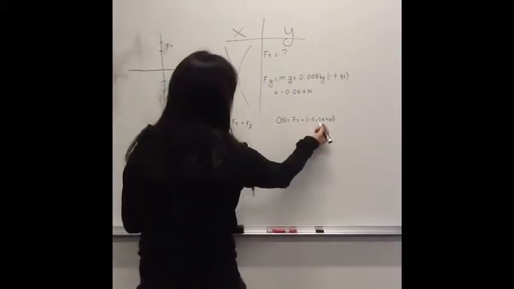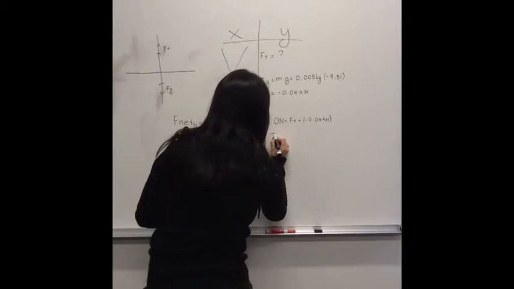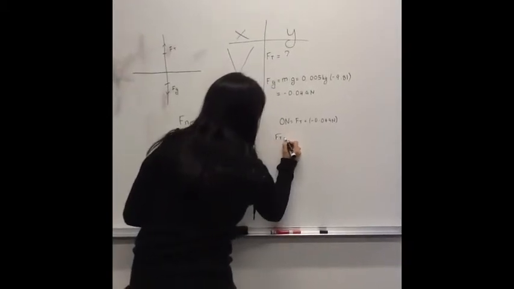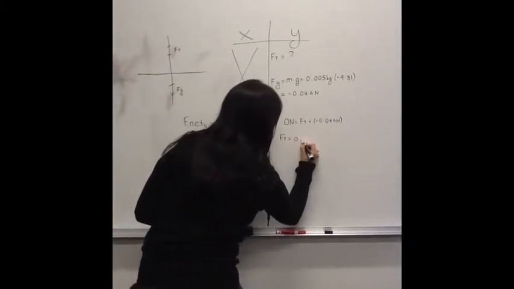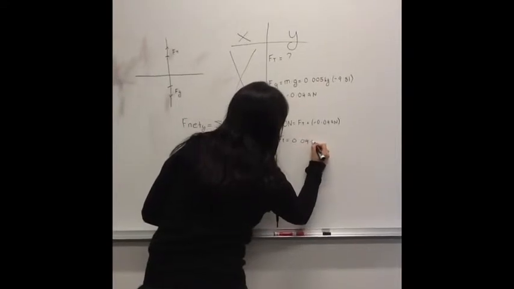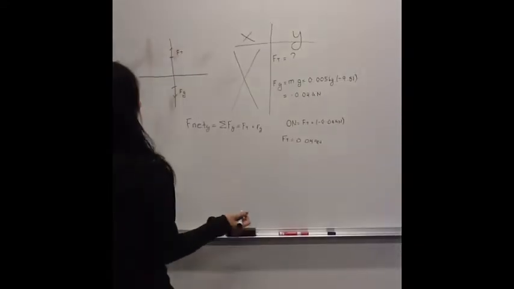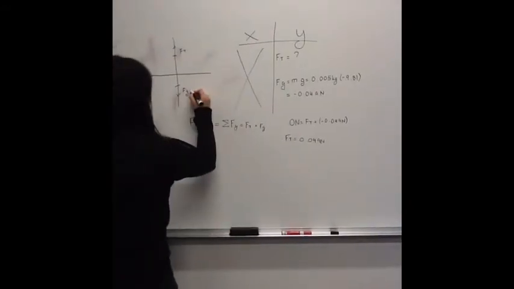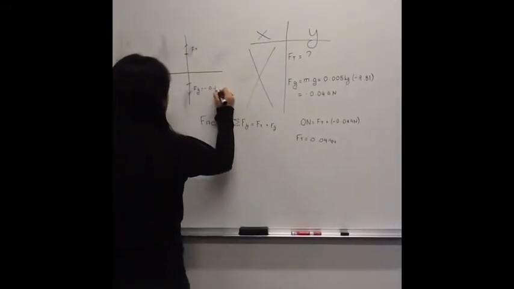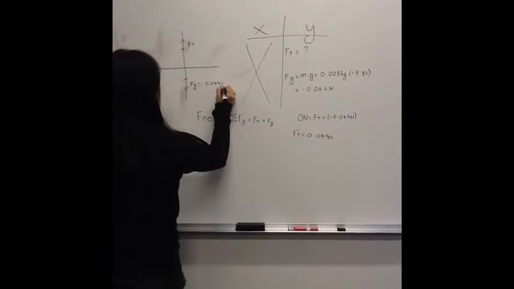And then we just subtract it to the other side, and then the force of tension will equal positive 0.049 newtons. And then these are the values of the forces.